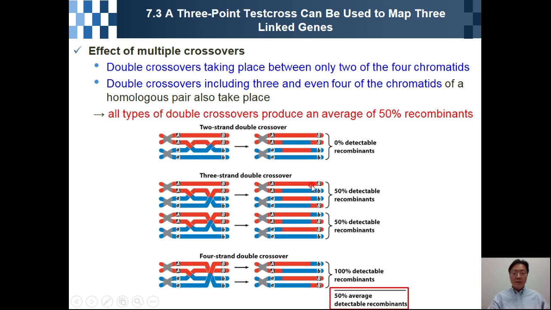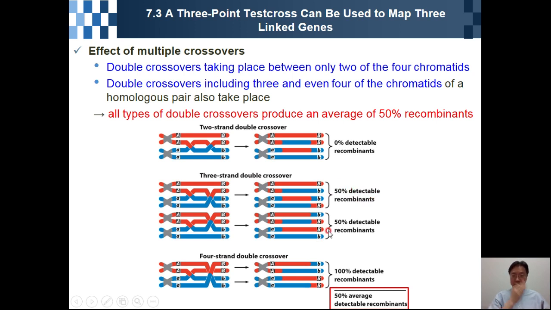So it means that 50% is non-recombinant and 50% is recombinant. We will have 50% detectable recombinant.